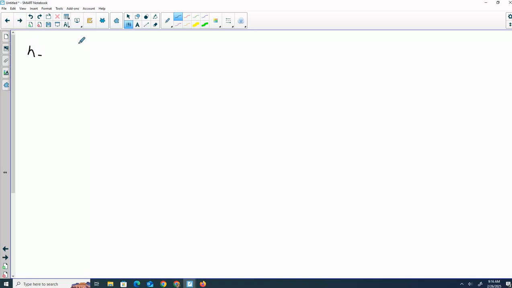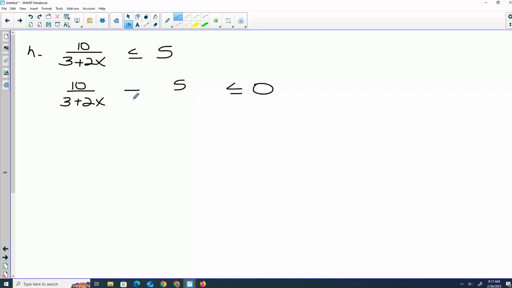And H. So we have to have 0, so we subtract over the 5. Okay, we need a common denominator. This is like 5 over 1. So what I'm going to have to do is multiply it by 3 plus 2x on top and bottom.